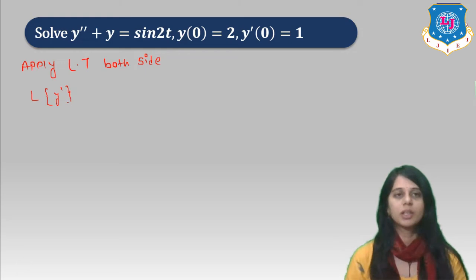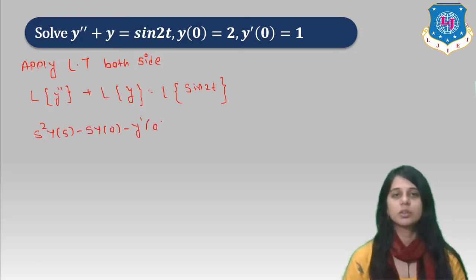Laplace of y double dash plus Laplace of y equal to Laplace of sin 2t. It is s square Y of s minus s y of 0 minus y dash 0 plus Y of s equal to 2 upon s square plus 4.